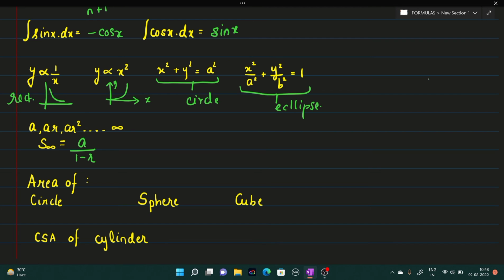Suppose they have given 10 charges present at 0, then at distances 1, 2, 3 and so on, each charge is 1 coulomb, and they ask to find the force acting on the charge present at the origin. Then we use this method, continued till infinity, and this summation method is quite useful. First we need to check whether it is given in this format, and then we can apply this formula directly. This is useful not only in the electricity chapter but in gravitation as well.